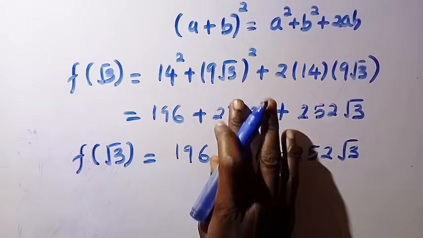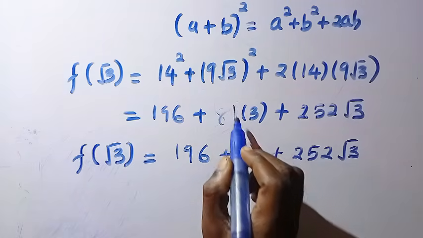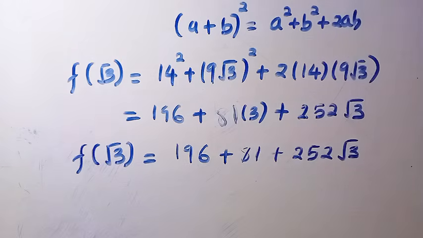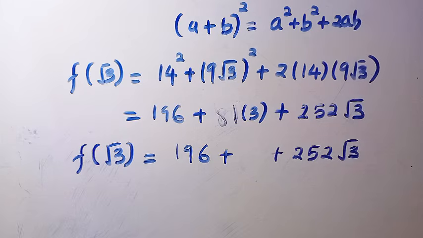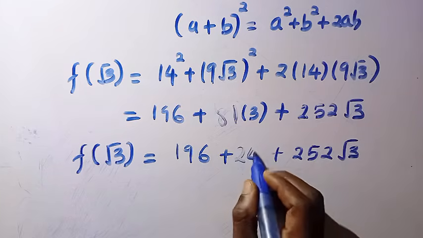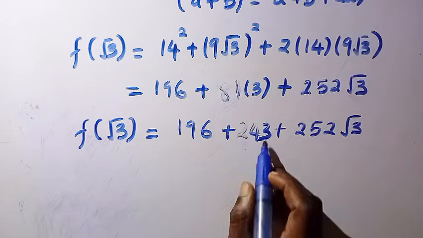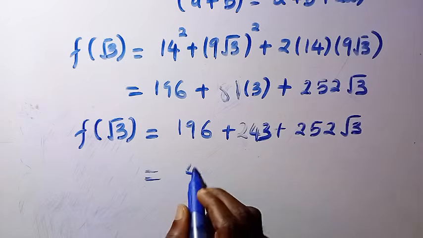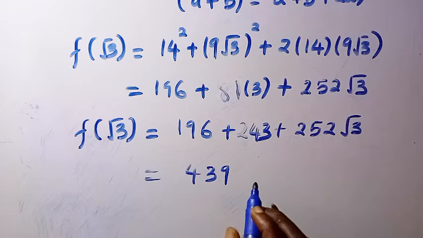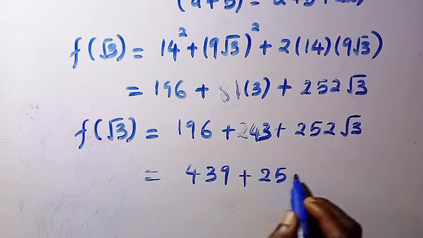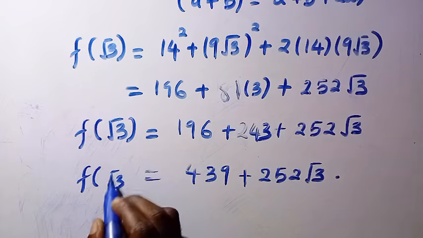We have an oversight here: 9 squared gives us 81, and by multiplying 81 by 3, this gives us 243. Adding 196 plus 243 together gives us 439, then plus 252 root 3, and this is f of root 3.